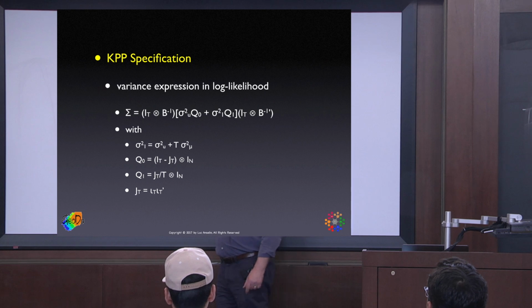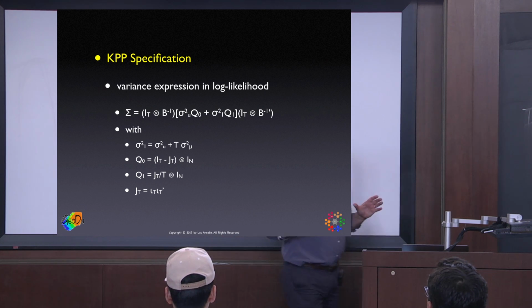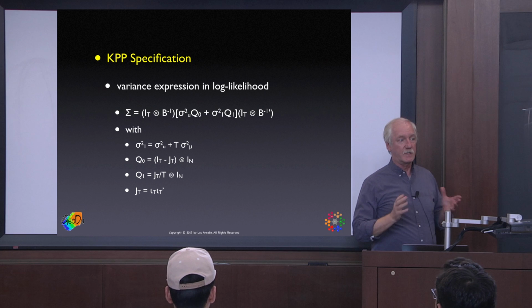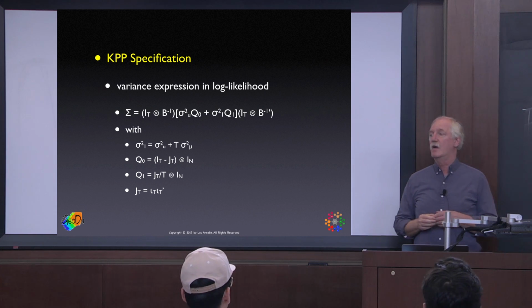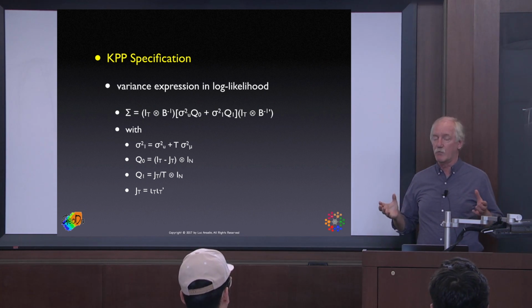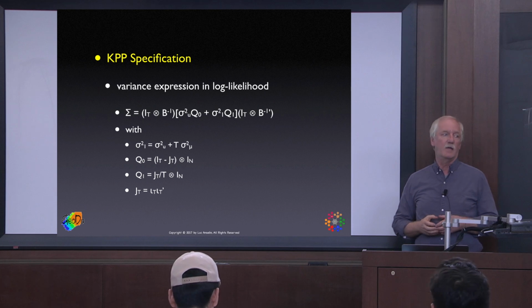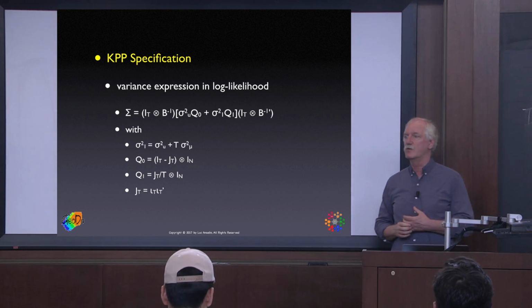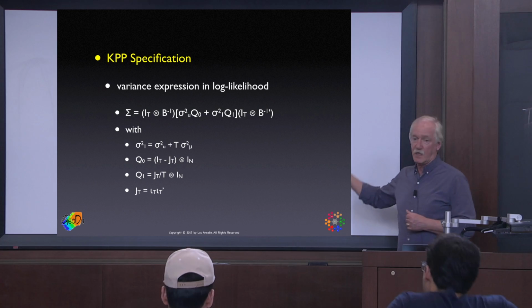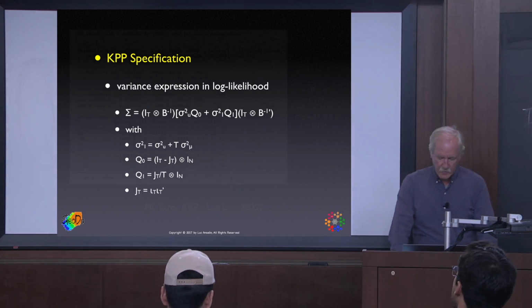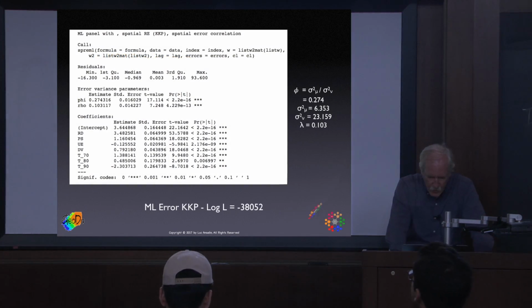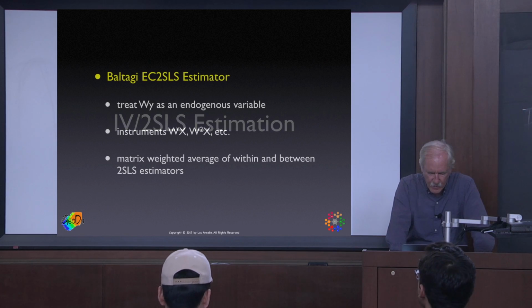But this subtraction could be negative. And when it is negative, then typically there's obviously something wrong with your specification, and then you shouldn't estimate this model. You should do something else. But this can happen, and again, with larger data sets, it tends not to happen that much.